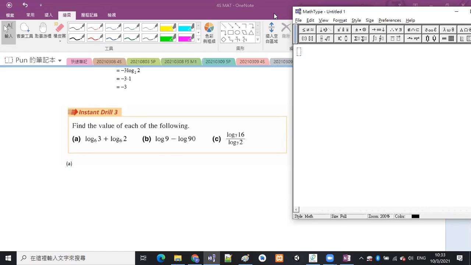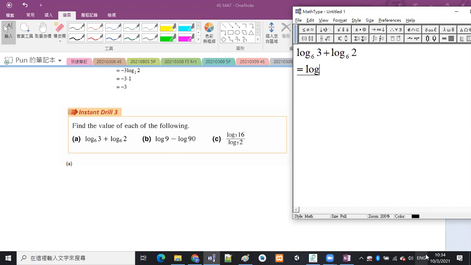Okay, let's check the answers. So part A. So we have log 3 base 6 plus log 2 base 6. So the bases match. Okay, so we can multiply the 3 and 2 together.